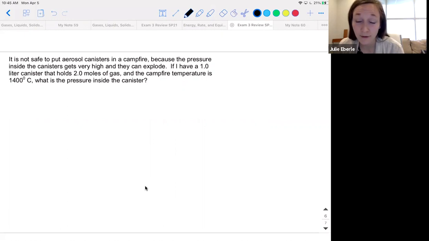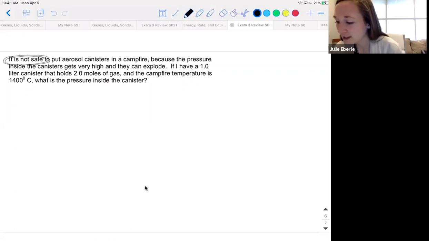It freaks me out really bad. I tell him he's only allowed to burn untreated wood, but he doesn't listen. It's a point of tension in our marriage. But clearly, if he would just read this, it's not safe to put aerosol canisters. He doesn't put aerosol, okay, but he'll put almost anything else in a campfire, because the pressure inside the canisters gets very high and they can explode.